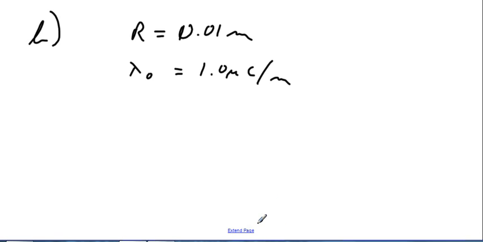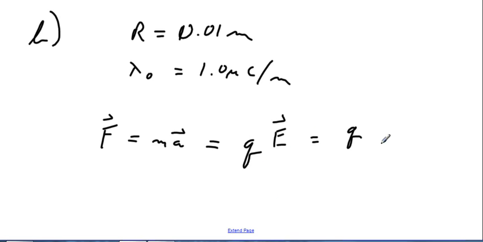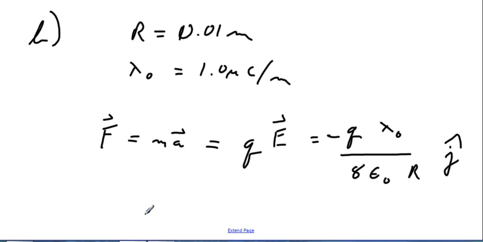Okay, force is going to be mass times acceleration, is also going to be Q times the electric field. So we got Q times the electric field, lambda naught divided by, better put a minus sign there, 4 epsilon naught r j hat.